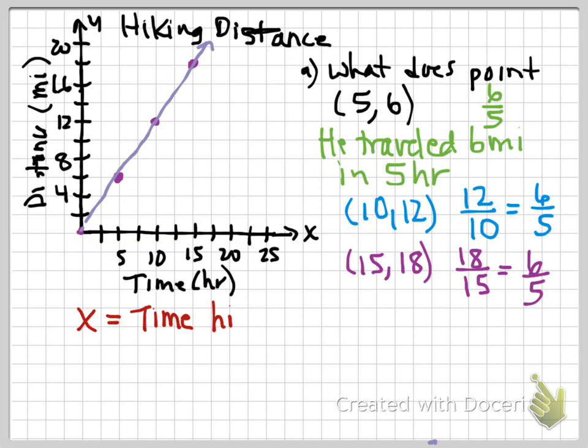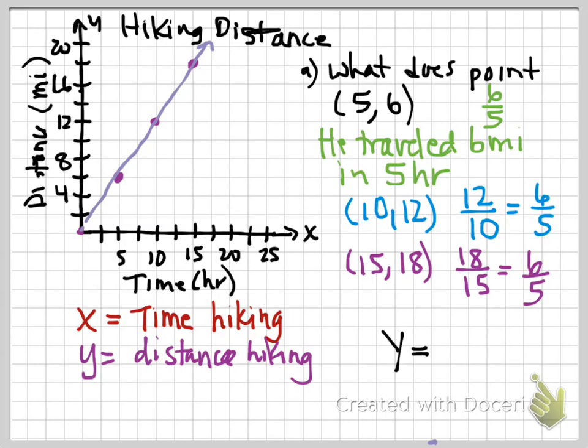Time hiking. The y is going to be distance traveled, or distance hiking. So when I write my equation of this relationship, the distance that he hikes is equal to the ratio 6/5 times the time he was traveling. And the reason why I have to put it that way is so that the distance number is always greater than the time that he's traveling. And so that would be the ultimate answer, to get to there.